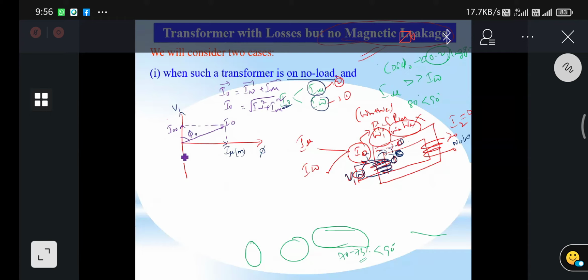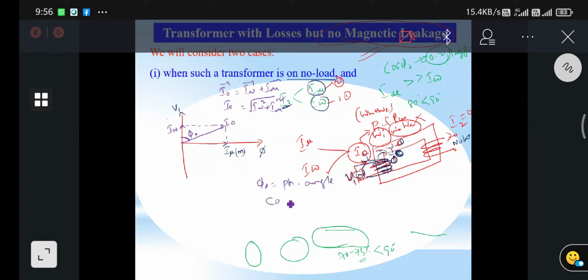So in the previous case, that is in the ideal transformer, we have exactly Im with respect to V1. The magnetizing component current always lags V1 by 90 degrees in an ideal transformer. But coming to the practical transformer, that is not equal to 90 degrees here. The phi naught is the phase angle.